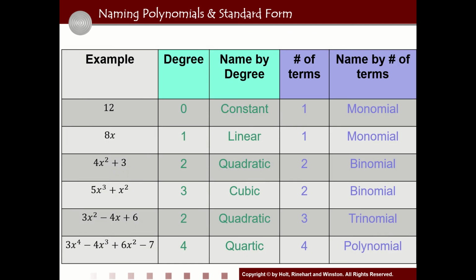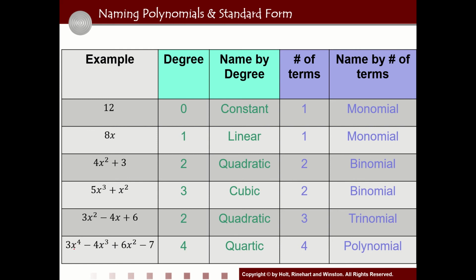So let's take a look at some examples. I'm going to start at the bottom. If we look at this example right here, 3x to the fourth minus 4x to the third plus 6x squared minus 7. We said the degree, when we defined that, was the highest exponent on a variable.